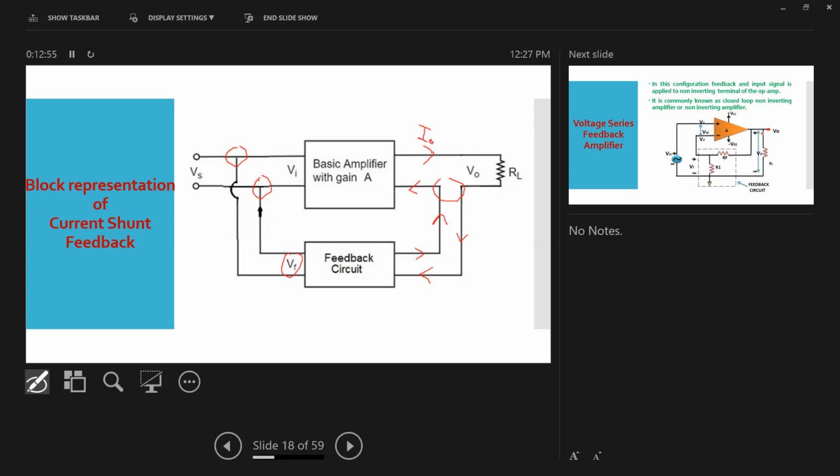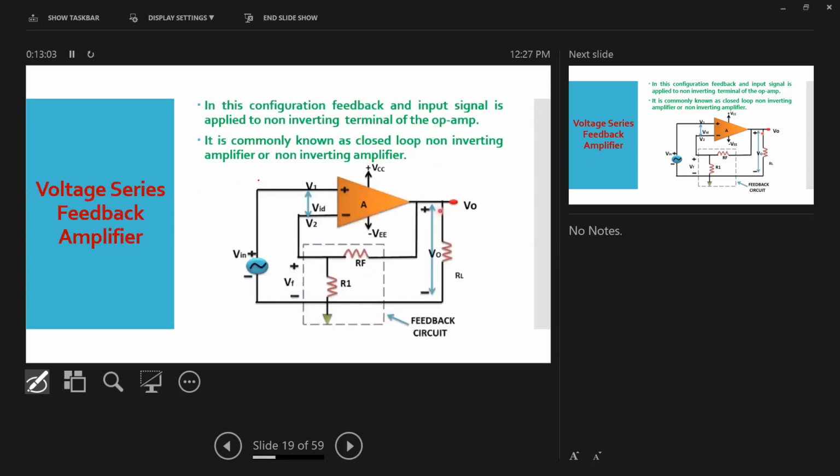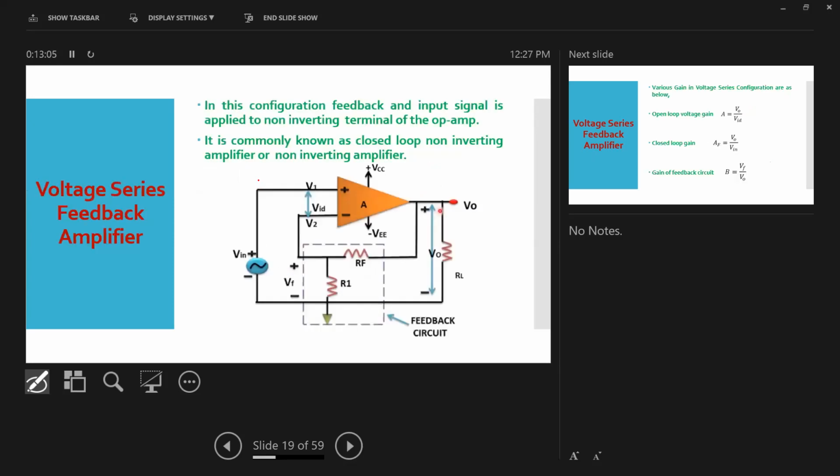Now let us see the voltage series feedback amplifier in our actual op-amp circuit. Okay, so I'm just going to show you that now. Look at here. This is your actual op-amp, connected as a voltage series feedback amplifier. Okay.